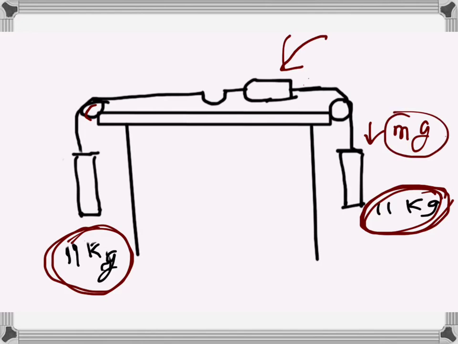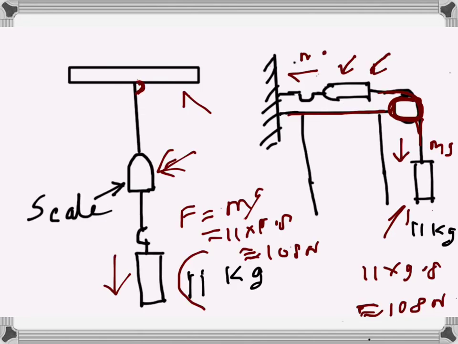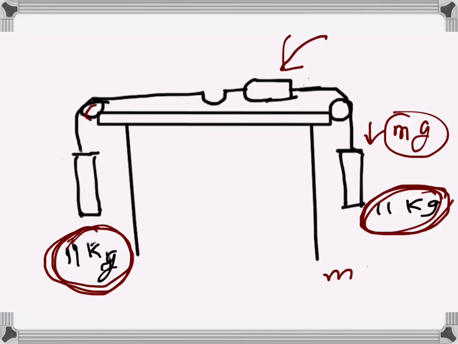So again, the scale reading will be like before, mg. This part will not come into the scale reading, because it is just providing the supporting force that was provided by the wall in the second scenario, and by the ceiling in the first scenario. So the scale reading will still be mg, 11 times 9.8 like before. So same reading, 108 Newton approximately.